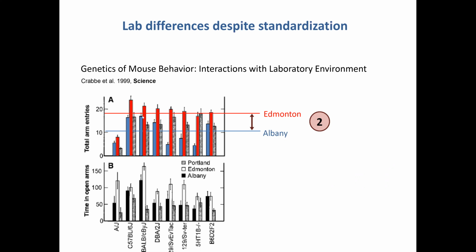And of course, this is a highly significant difference between these labs. So in addition to these genetic differences between strains, you also have differences between the 3 laboratories, despite the fact that they actually tried to standardize the procedure and do the same thing in all 3 laboratories. But you see sometimes clear differences.